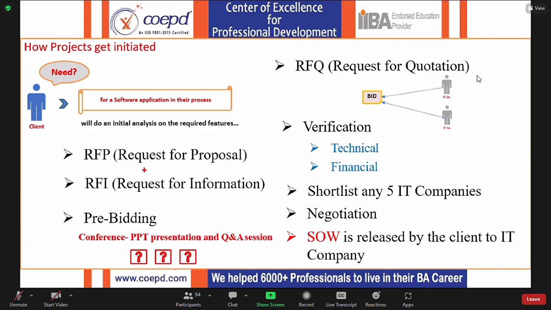You are running a cloth shop and doing a very good business, but you do not have any online business till now. So you will want to have an IT solution. Even though you don't have an IT solution, you know your operations.